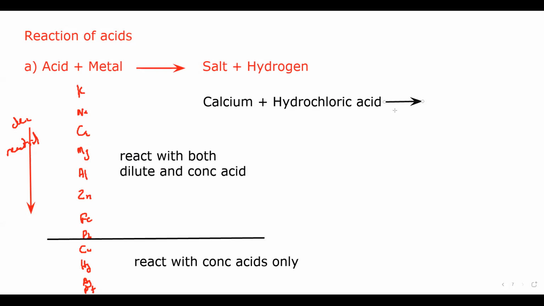How to identify which salt is produced? It's easy. If the acid is hydrochloric acid, this will give a chloride salt.